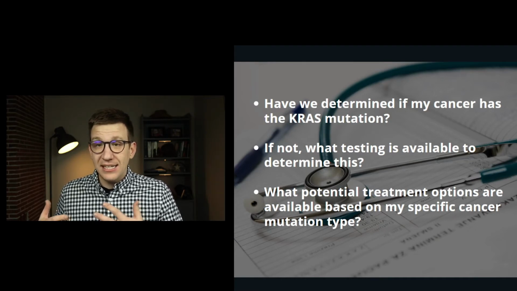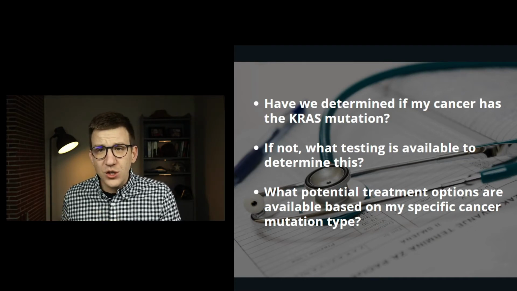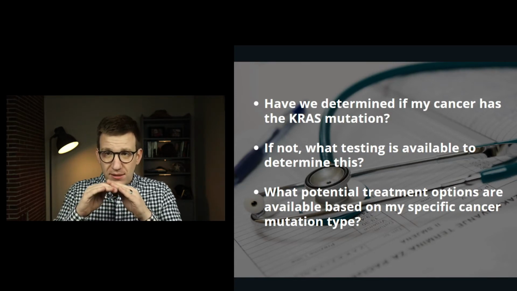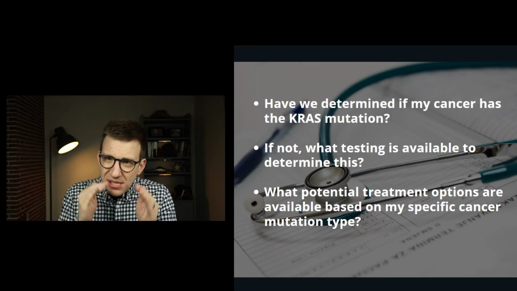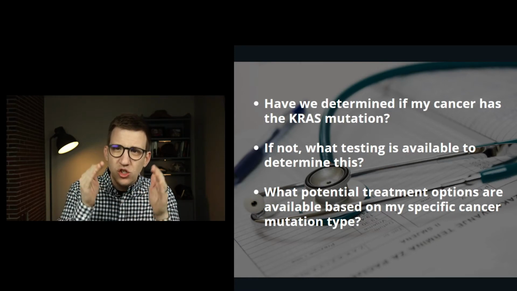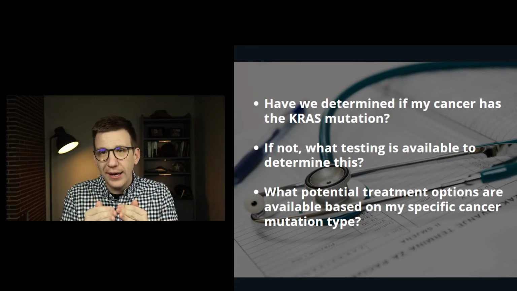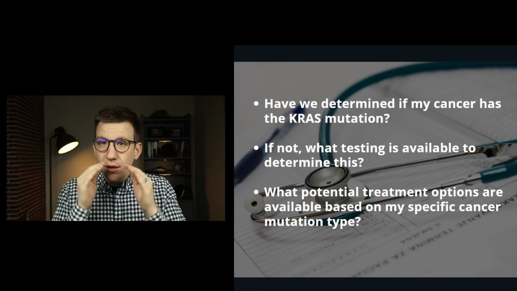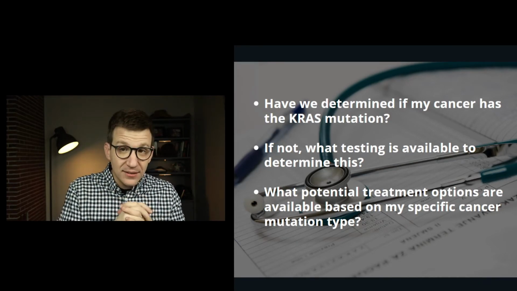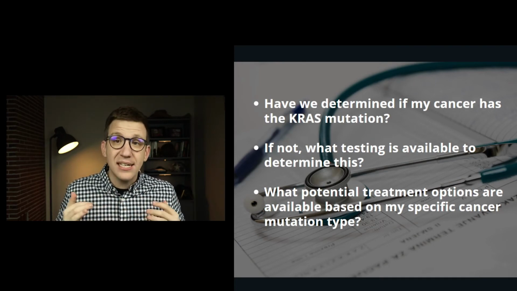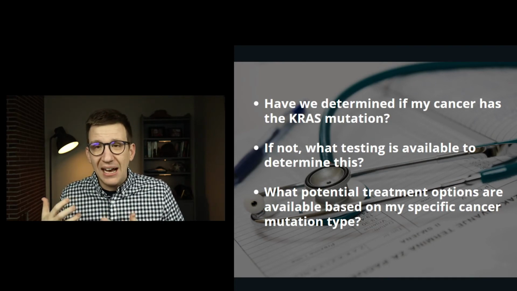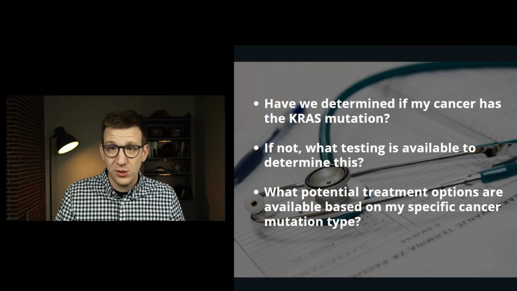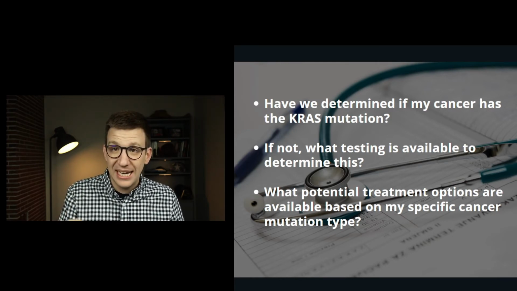Do we have tissue samples to do the testing to determine what type of cancer, not just the type of cancer like colon cancer, but what specific mutation, what was the cause of my cancer, what genetically was going on to bring about this cancer? So that's number one. If we haven't determined that, what testing is available to determine this? How can we answer this question to know, are there specific treatment options available? That's what we need to ask next.